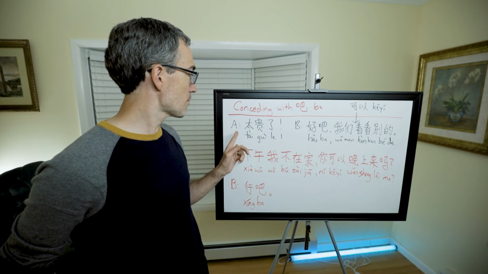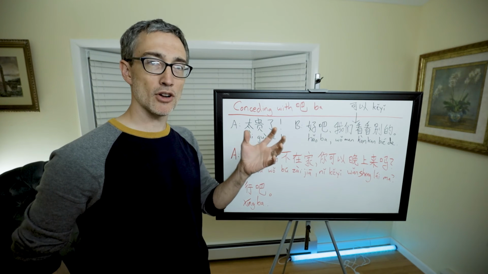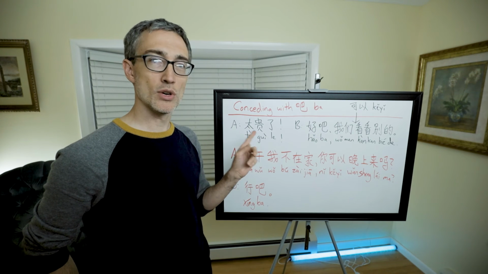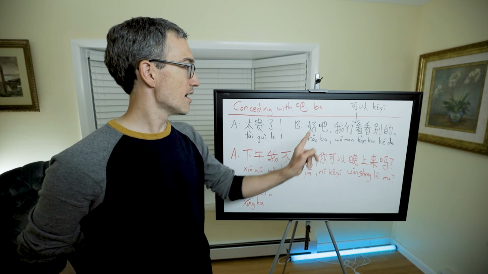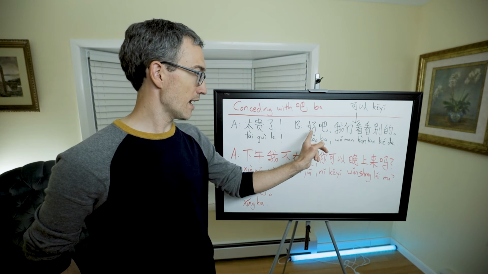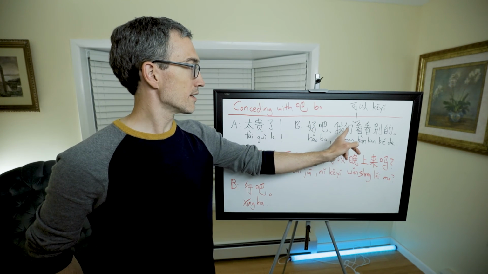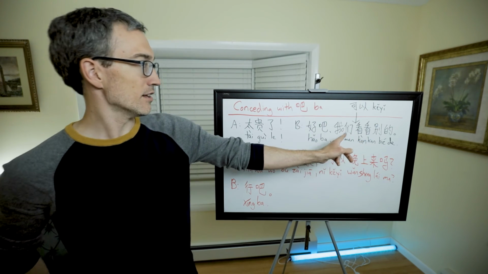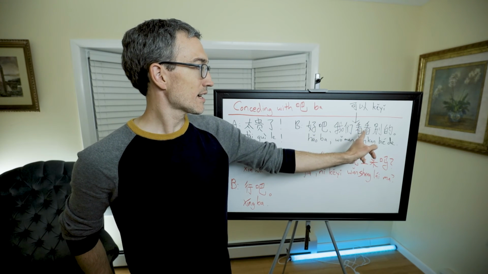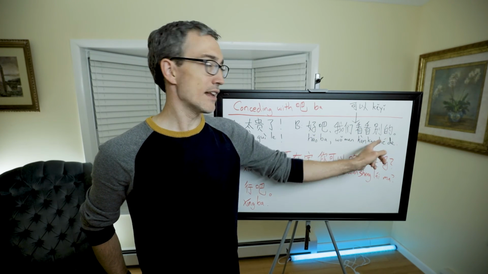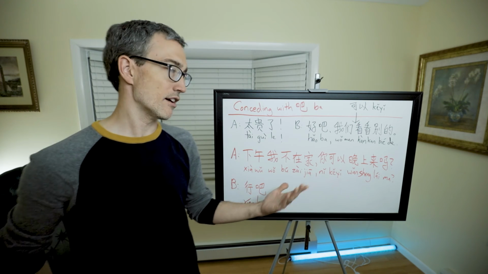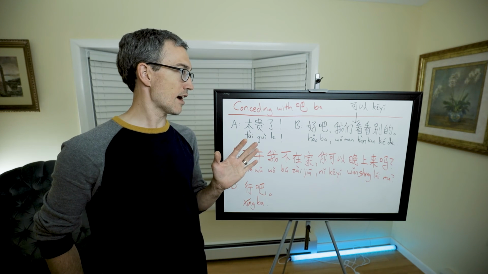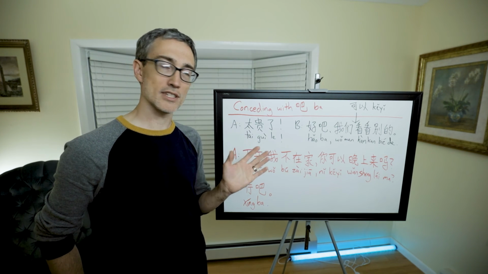One person says they're out shopping and looking at an article of clothing, and the first person says 太贵了, it's too expensive, and then the other person says 好吧, okay, 我们可以看看别的. 我们可以, we can, 看看, have a look, 别的, at others, at other stuff. So that's too expensive. Oh, okay, all right. We can have a look at something else.